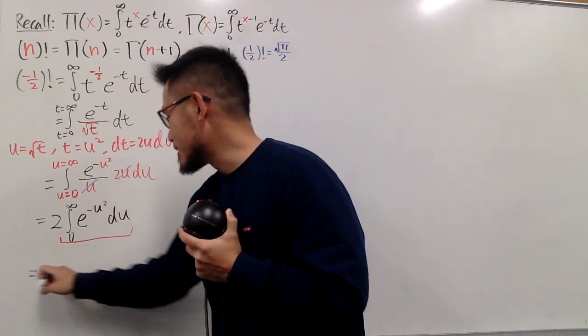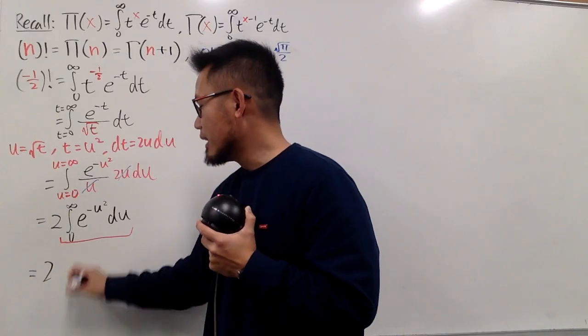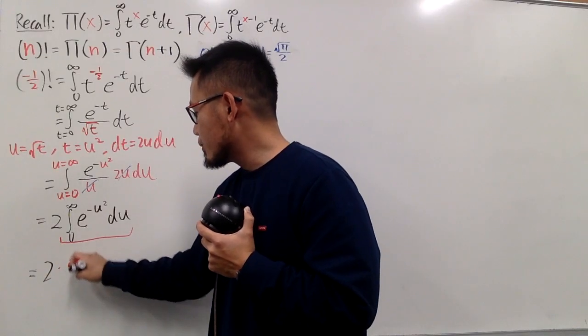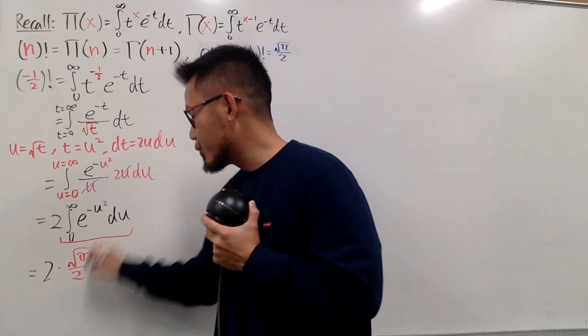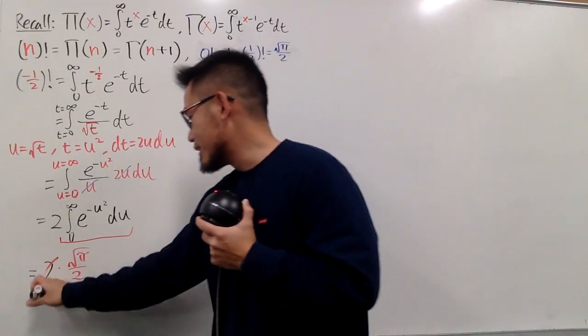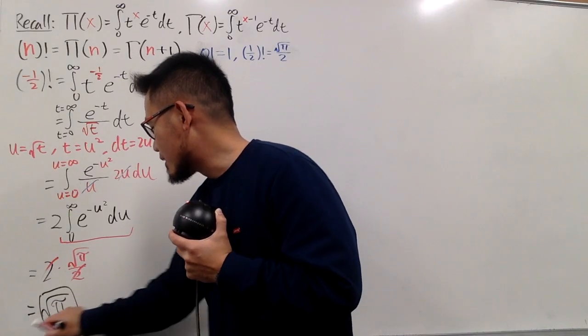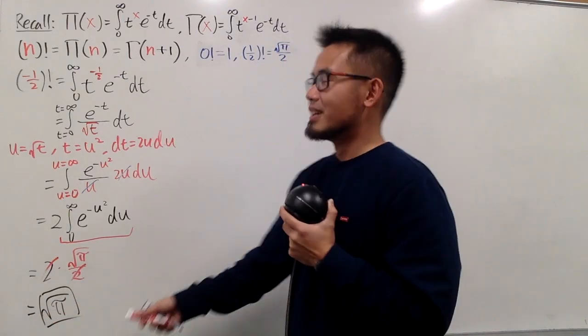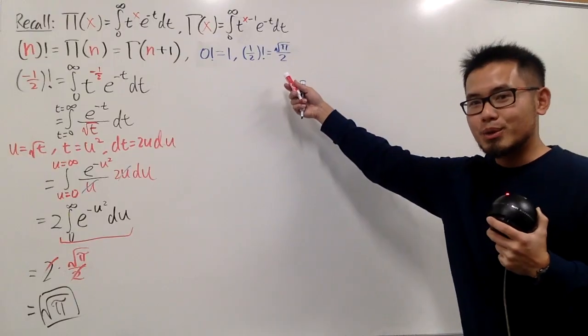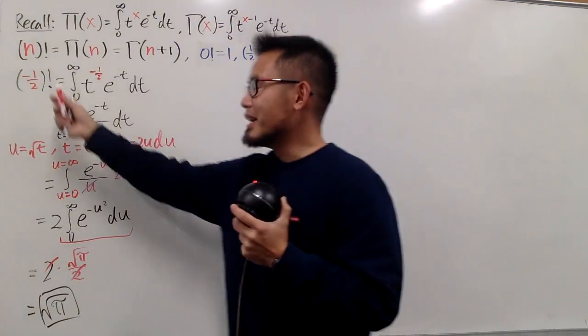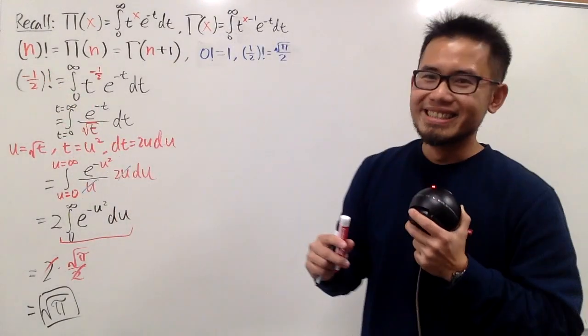And we saw that last time as well. So this is the 2 in the front, and this is square root of pi over 2. And in the end, of course, we can cancel the 2, and we get square root of pi. And as I told you, this answer is nicer compared to the positive 1/2 factorial, right? So I can say negative 1/2 factorial wins.